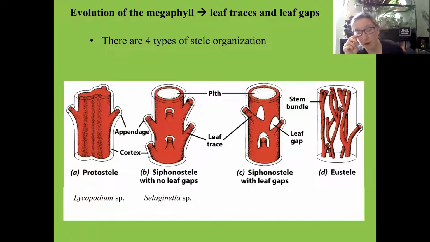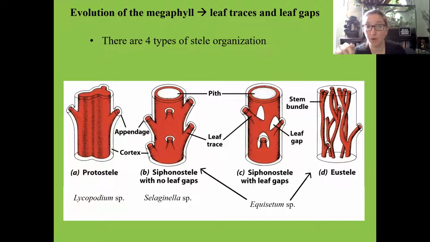Next to that is siphonostele with no leaf gaps. It's a little less basic. That's what Selaginella has. The time before this class, we had the horsetails, and we learned that Equisetum, which is the only genus in the horsetails, has a combination of this siphonostele with no leaf gaps and a eustele.